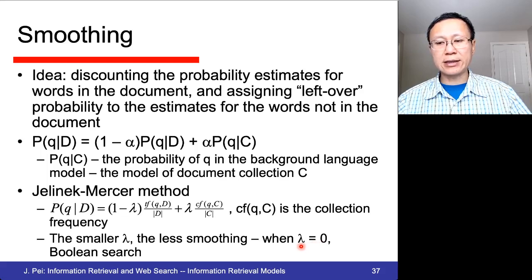Extremely, when lambda equals 0, this is a Boolean search. That means Boolean search only finds documents exactly matching the query. If a query term is missing in a document, Boolean search will not return the document.